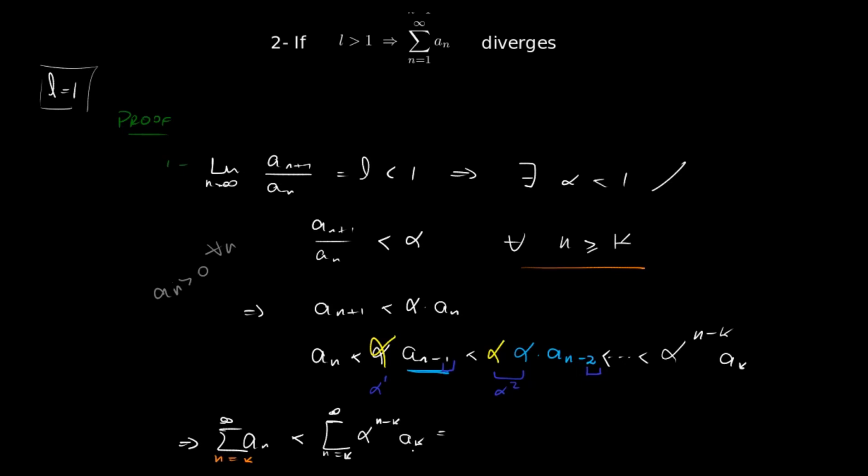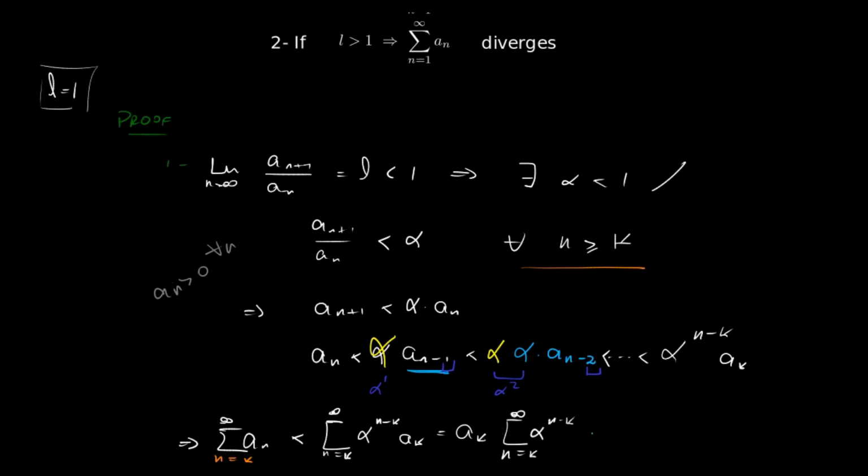A sub k does not depend on n, so we can take it as a common factor outside the sum. We have a sub k times the sum from n equals k to infinity of alpha to the n minus k.